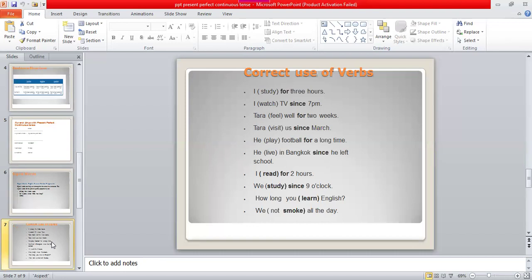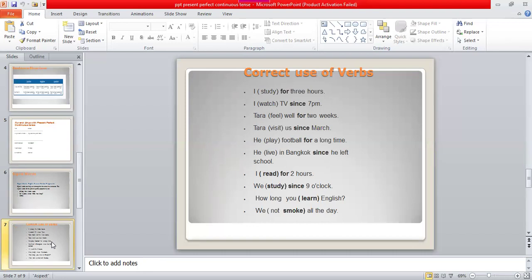In all the sentences, a sense of duration of time has been used, like for, since, all the day, since 9 o'clock. So it will be very easy for you to judge that you have to change the sentences according to the present perfect continuous tense.